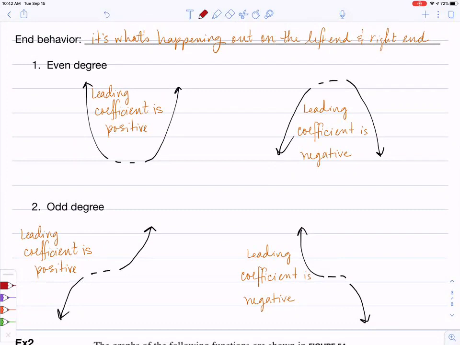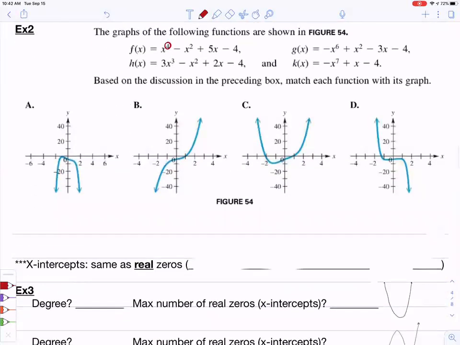So tell us, if my leading coefficient is positive and my degree is 4, which of these 4 choices should I choose? So let's go with top left, top right, bottom left, bottom right. Top left, okay. So what does that match with here?